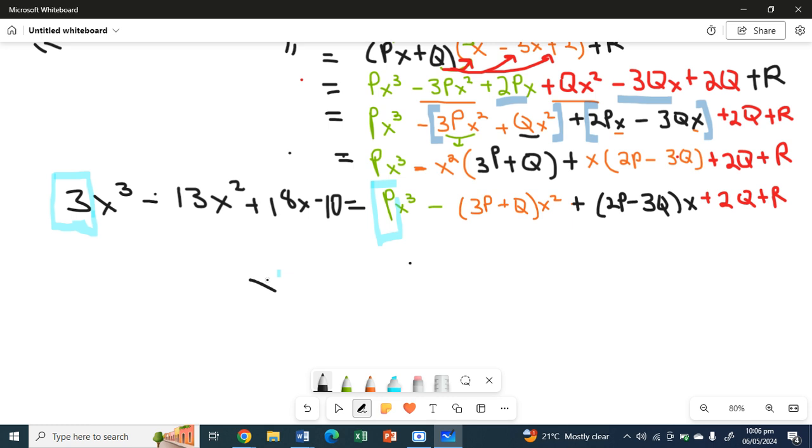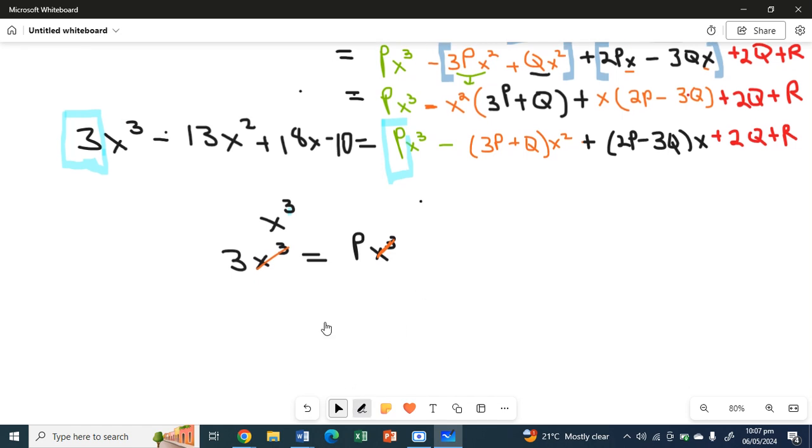So for coefficients of x cubed, 3x cubed equals px cubed. You get rid of the x cubed because we're only focusing on the coefficients. So therefore, the value of p is 3. Any questions?